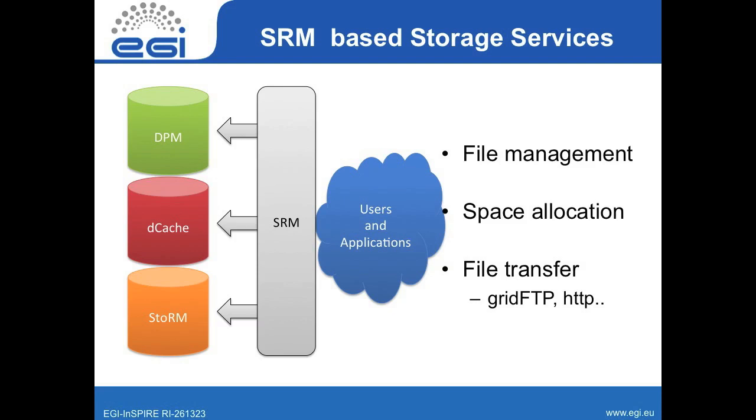We have three big implementations of storage services: DPM, dCache, and StoRM. They are providing similar features from a user point of view. So they expose an SRM interface that can be used both by users and applications. That means that what happens very often is that computing tasks access data, input and output data, through SRM.